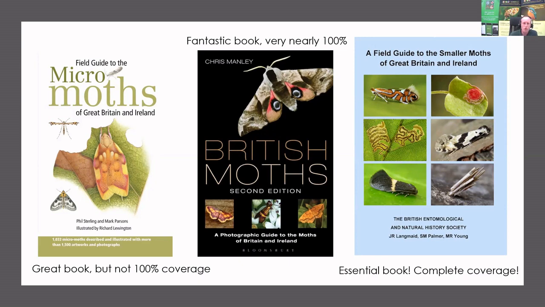It's exactly the same format as the original, but with all of the new species added, so it's a fantastic book and essential, realistically, if you're going to be getting interested in micros out in the wider countryside, shall we say.